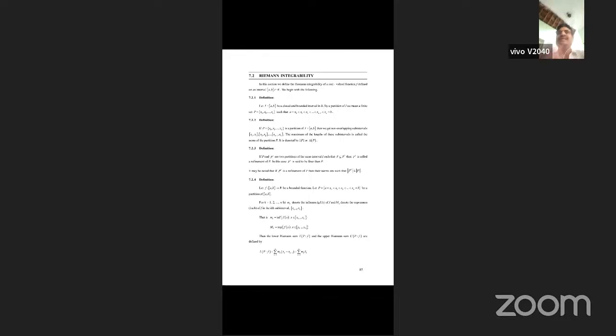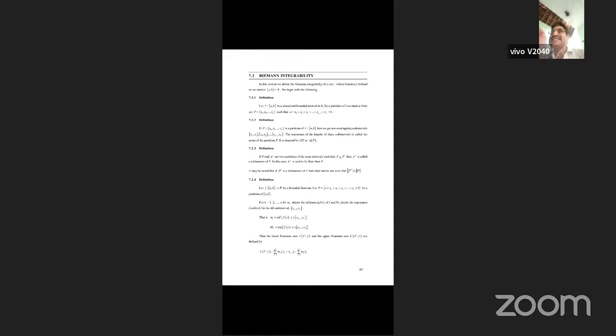On the line integral, a to b means the initial point and the terminal point. Here x belongs to the closed interval [a, b], meaning a is less than or equal to x, which is less than or equal to b. That is the concept of the closed interval [a, b].